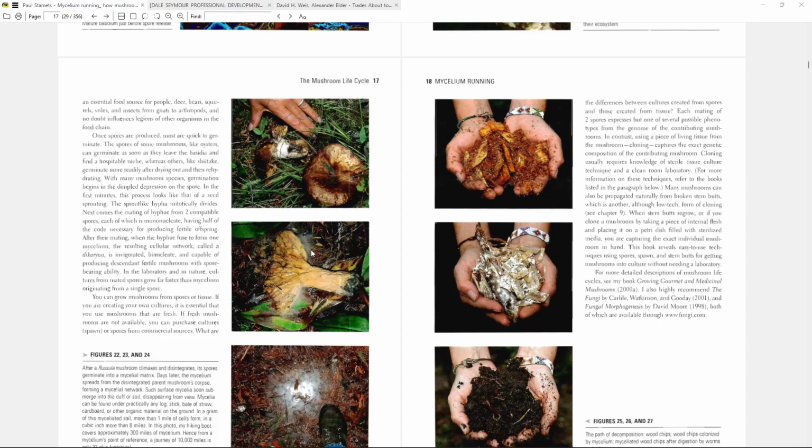This book reveals easy-to-use techniques using spores, spawn, and stem buds for getting mushrooms to culture without needing a laboratory. For more detailed descriptions of mushroom life cycles, see my book Growing Gourmet and Medicinal Mushrooms. I also highly recommend The Fungi by Carlile, Watkinson and Gooday, and Fungal Morphogenesis by David Moore, both of which are available through fungi.com.